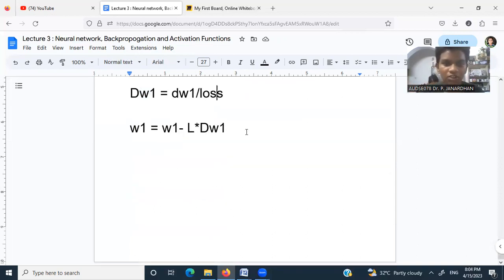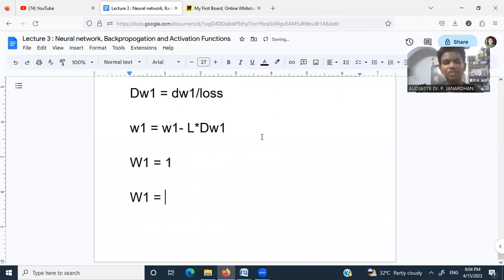And then we are going to subtract the dw1, and we also have a new term here, L, which is called the learning rate. This learning rate determines how fast or how big the changes should be. For example, let's say our w1 is 1, and let's say we want our w1 to be 2.